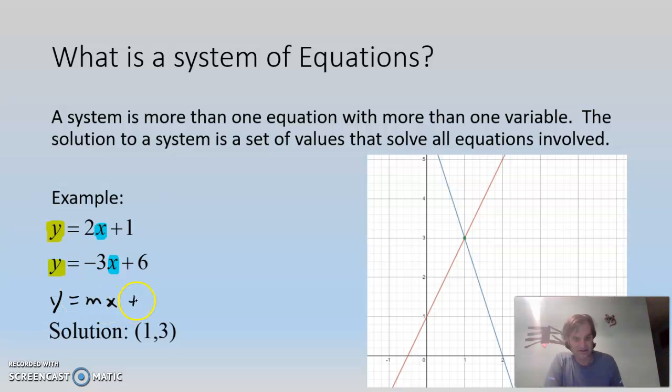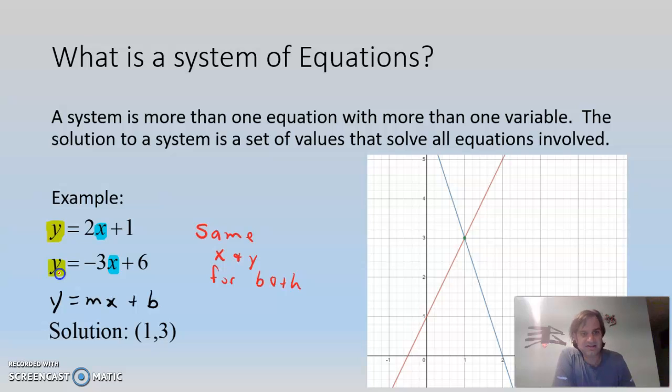That's how we know they are straight lines. But you see a y in both and an x in both, and what we're looking for is a solution with the same x and y for both. We need a value for x that also gives us a value for y that match up in both equations.